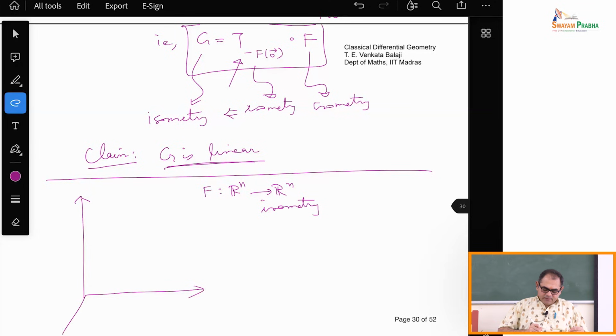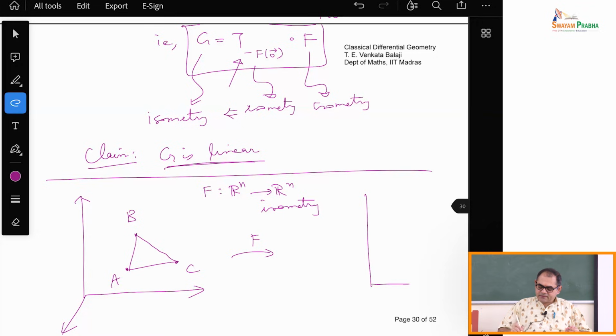Of course I am drawing the picture for R3, but you can imagine the same kind of abstract picture for Rn. All I am going to do is take 3 points, and call them A, B, and C. Now I get this triangle ABC, and you apply F to it.